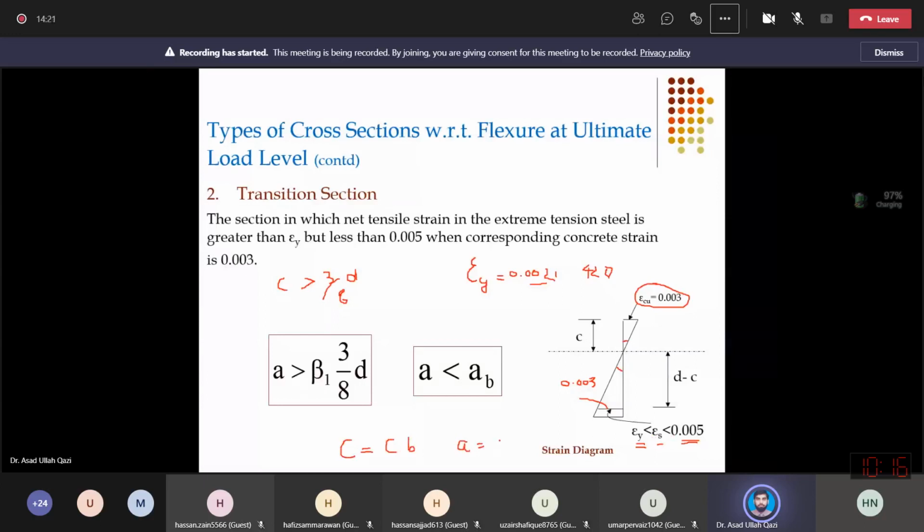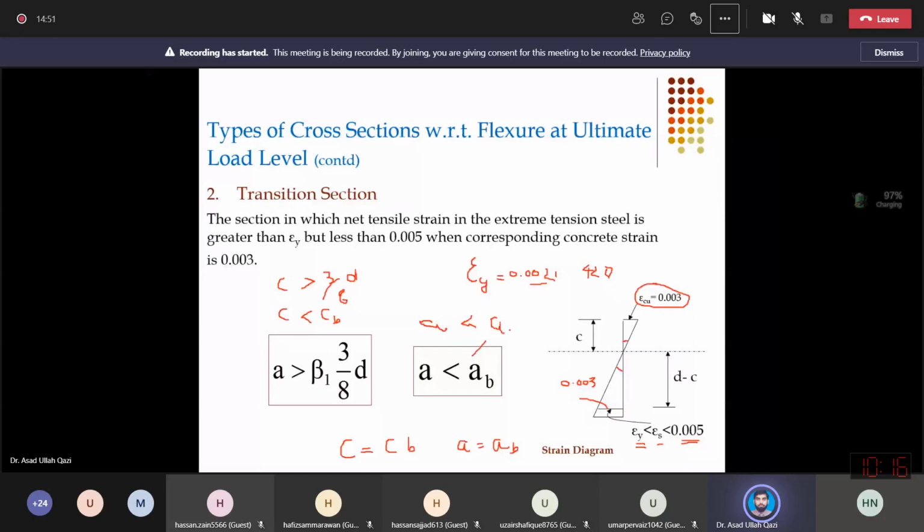Since our transition domain is greater than yield, I have no ambiguity in writing that C will be less than C balanced, or A will be less than A balanced, as mentioned underneath.